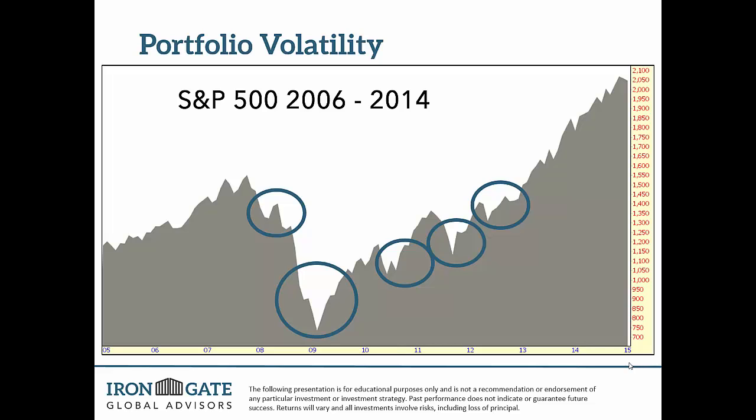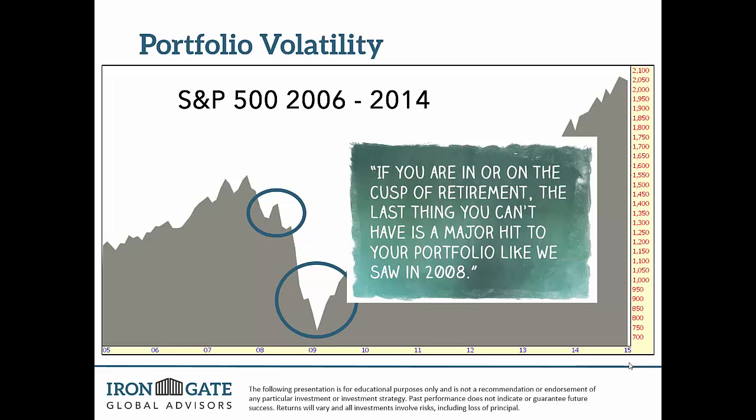In fact, we have a little quote on our website that says, if you are in or on the cusp of retirement, the last thing you can have is a major hit to your portfolio like we saw in 2008. And I would say for those that are retired, or getting ready to retire, no question, you can't have that kind of portfolio drawdown.